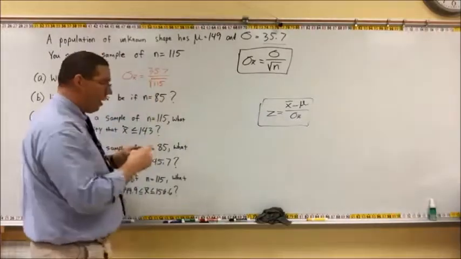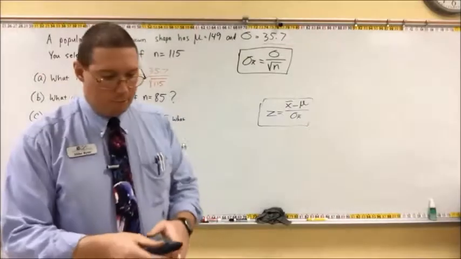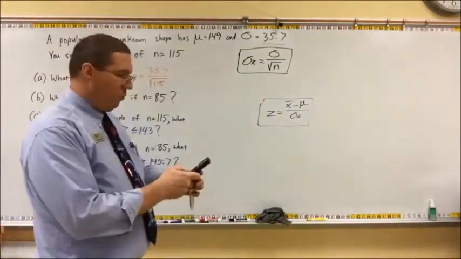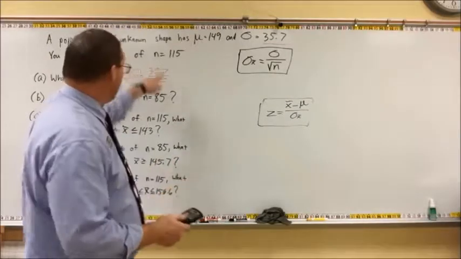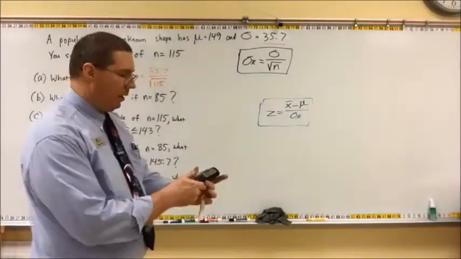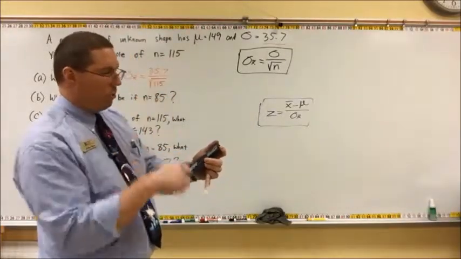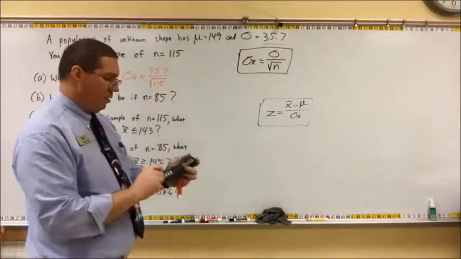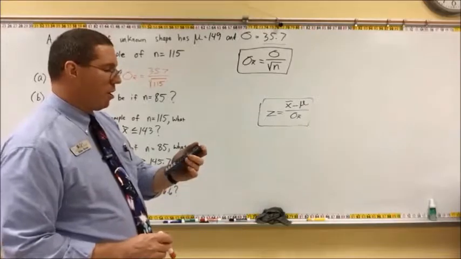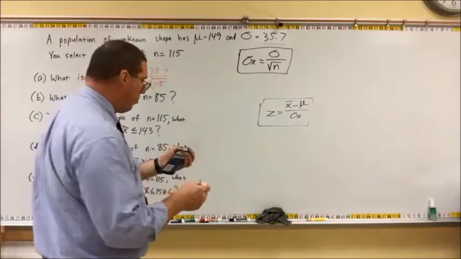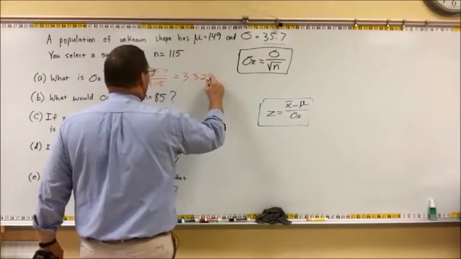And now we just have to get a calculator to calculate the standard error. So we're going to do 35.7 divided by the square root of, so I got to hit a couple buttons on here to get a square root. I got to hit second and then x squared. That gives me a little square root symbol of 115. And then I press enter and I get, excuse me, not 33, I get 3.329.